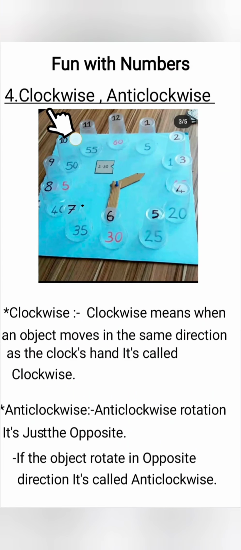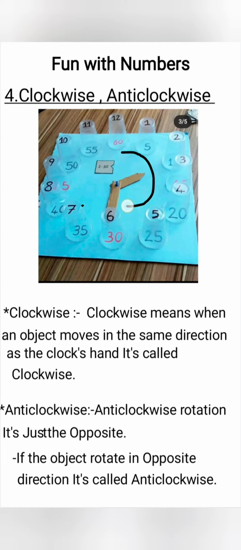Kids, today our first topic is clockwise, anti-clockwise. So kids, what is the meaning of clockwise and what is the meaning of anti-clockwise? Kids, see here. Clockwise means when an object moves in the same direction as the clock's hand.